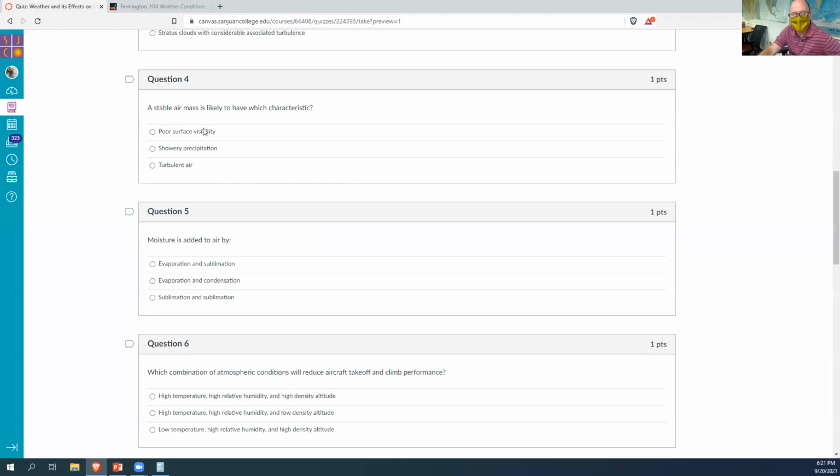I don't know if this isn't a typo, because A and B are both pretty good. I tend to go with poor surface visibility, but surface visibility is less concerning for flight.